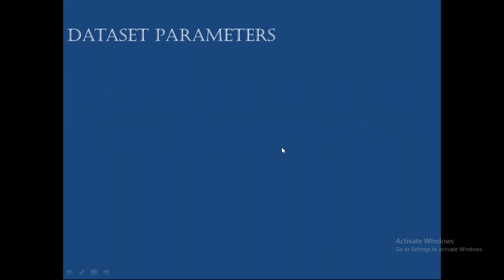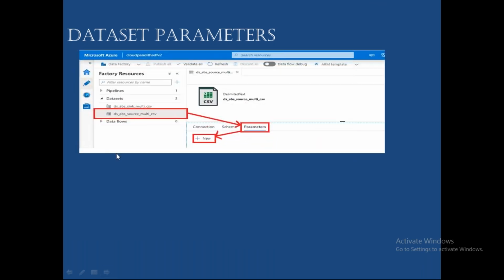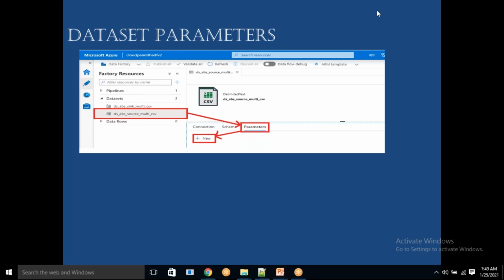Now you see, from here, everything is some pictures. So try to understand how you will create data set parameters. You remember, you have a data set. Click on this data set. When you click the data set, you have connection, schema, parameters. In parameters, you need to click new to create the parameter.